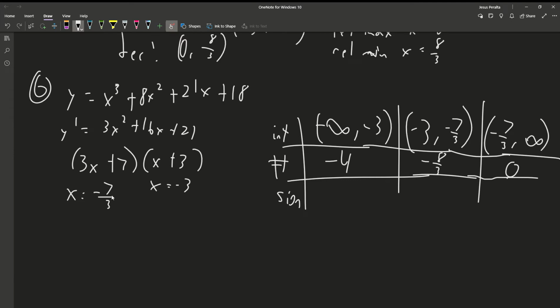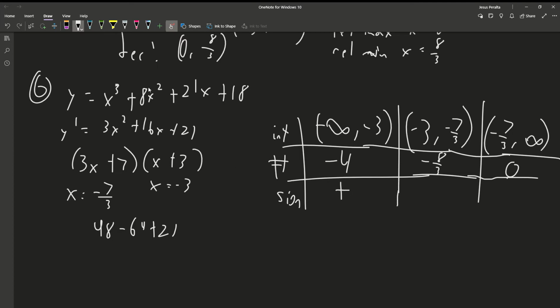Always remember that. This might take a little bit longer. That's going to be 48 minus 64 plus 21. That's going to be 5, so it's going to be positive.